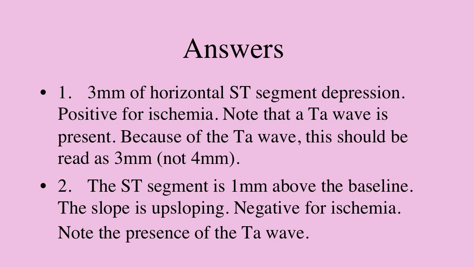The next one is the QT interval on page 78, and we said earlier that it should shorten. If the QT interval prolongs or stays the same with exercise, that's abnormal.